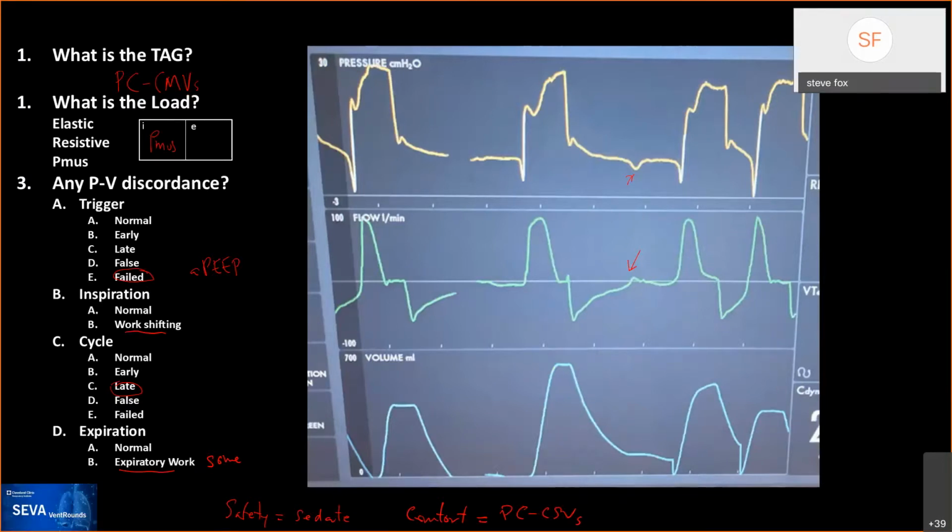Thank you. Let's read this, and please stay, because there's a lot of good discussion here. So, outstanding read. The majority of people read this as PC-CMV. There was Pmus as the main load.